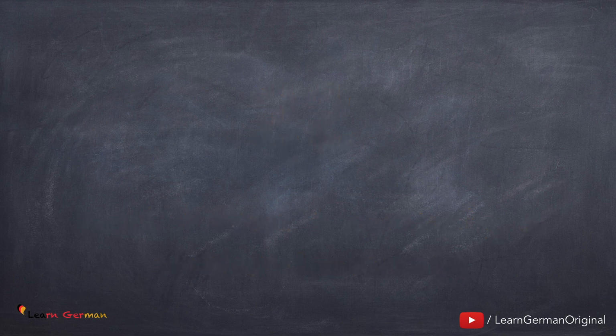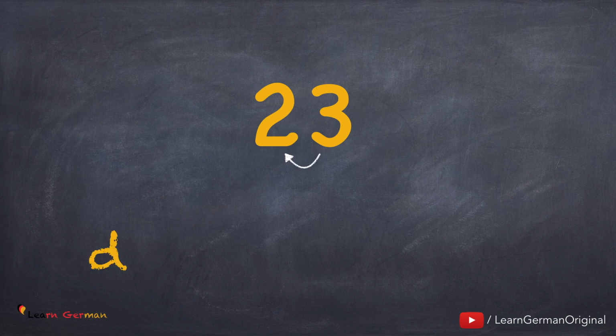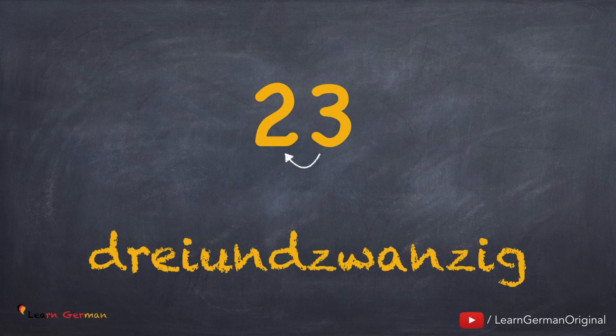I'm sure you can guess the next one. It's 23. Noch einmal 23. Here also, first you use drei and then 20. Very good. Let's move on to the next one.